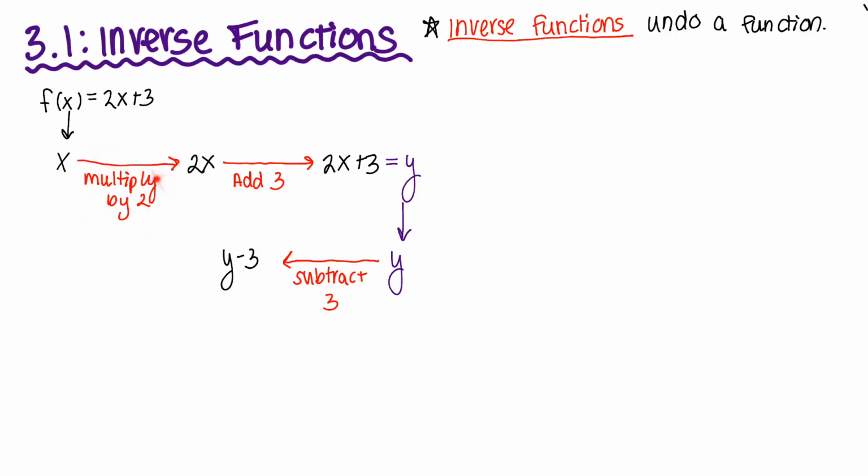So if we multiplied by 2 before, to undo that, we would be dividing by 2. So we'd have y minus 3 divided by 2. So what we can say here is that the inverse of 2x plus 3 is y minus 3 over 2. To undo 2x plus 3, I would take whatever my answer is, subtract 3, and then divide by 2.